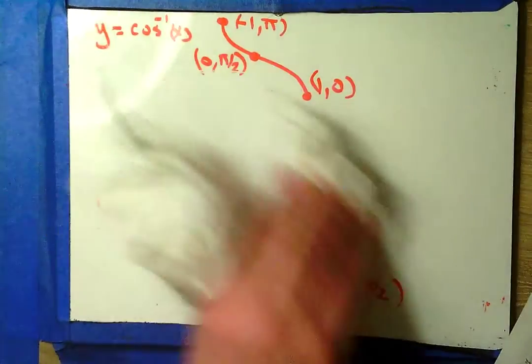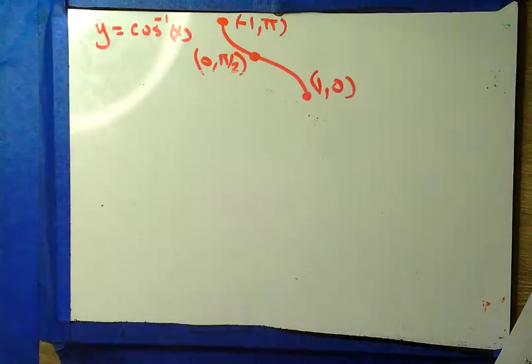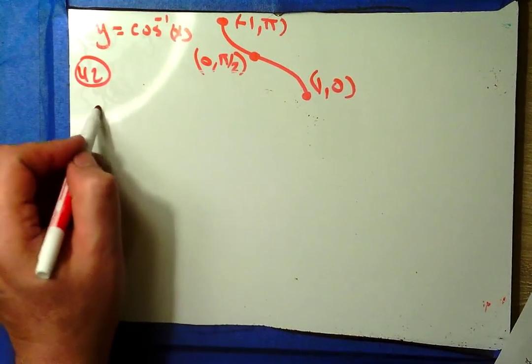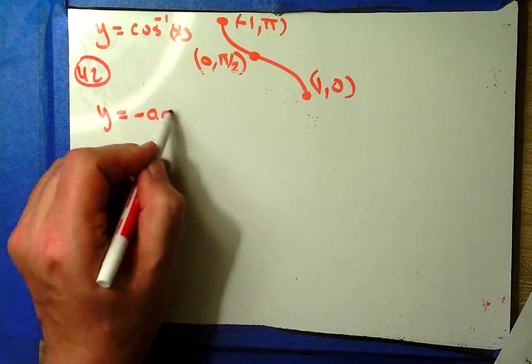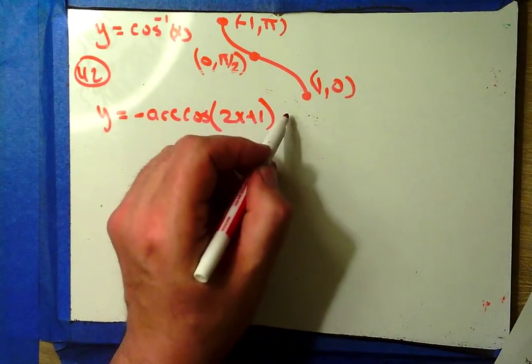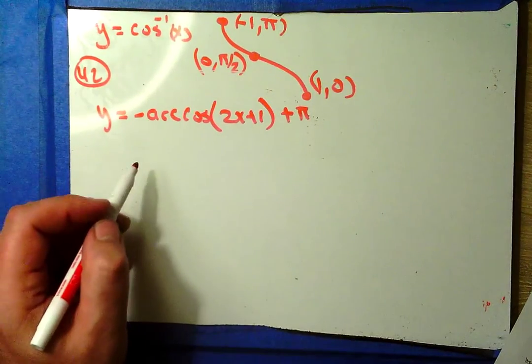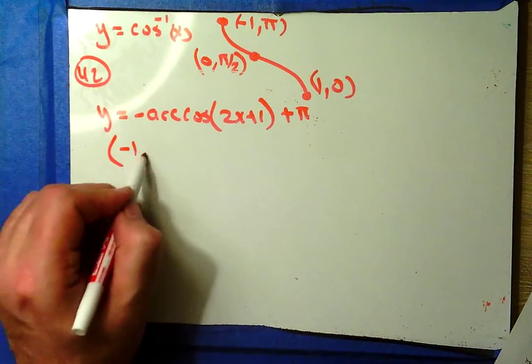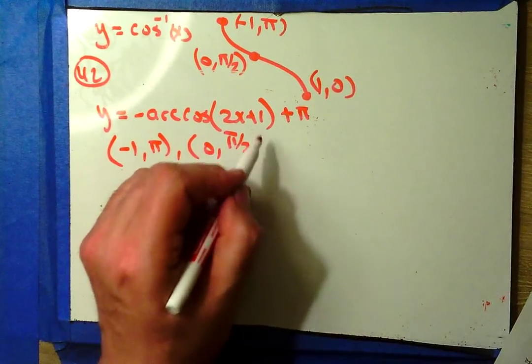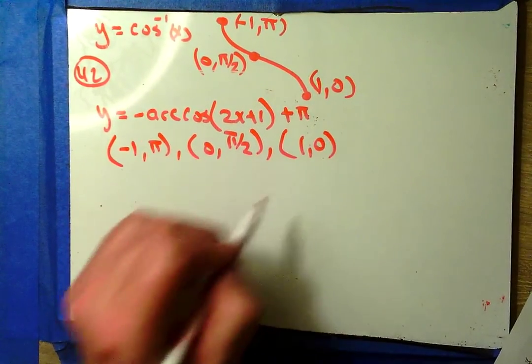Let's take a look at 42. It's also an inverse cosine, but it has more transformations. Problem number 42, y equals negative arc cosine of 2x plus 1, plus pi. So I start off with my reference points: negative 1, pi; 0, pi over 2; 1, 0.